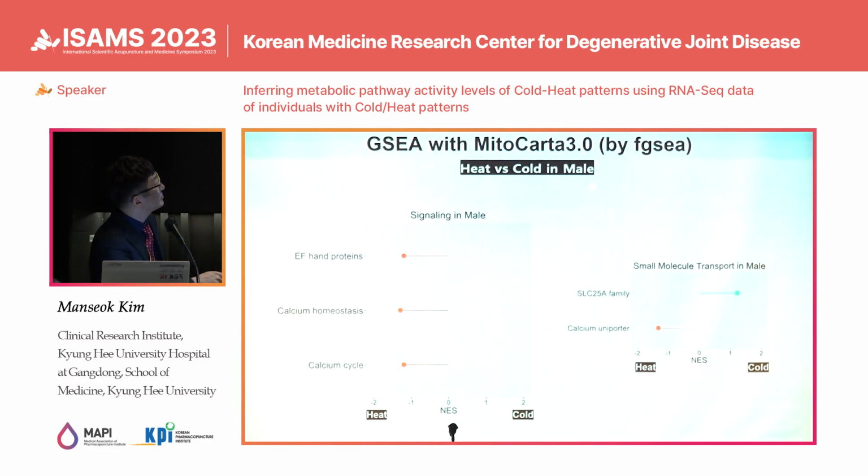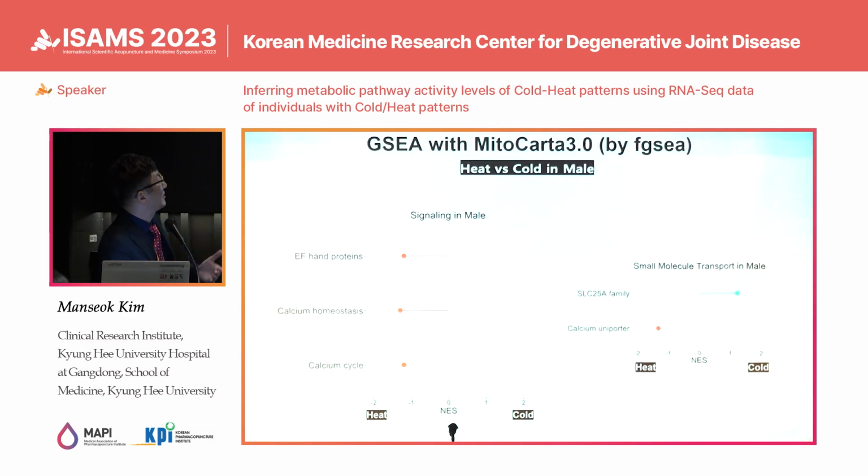So male with heat pattern shows upregulation in calcium-associated pathways: calcium homeostasis, calcium cycle, calcium uniporter. In other words, male with cold pattern has downregulation in these calcium-associated pathways.